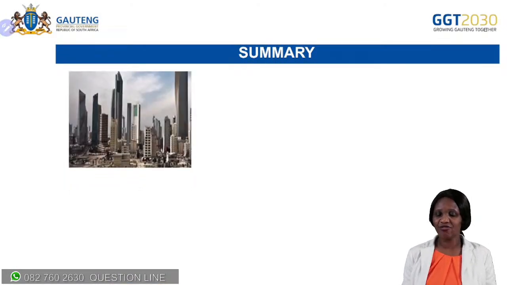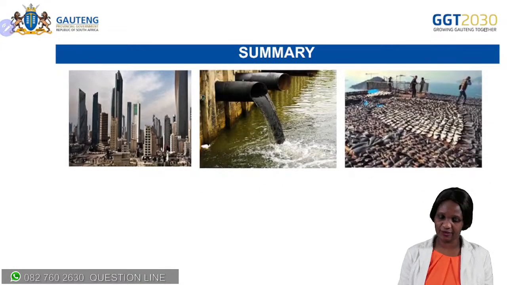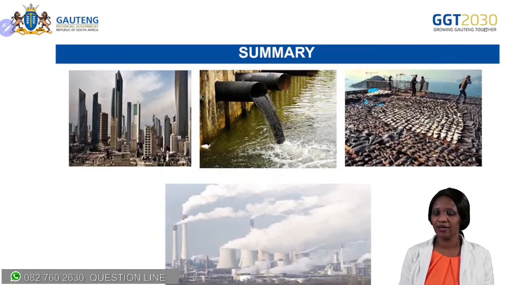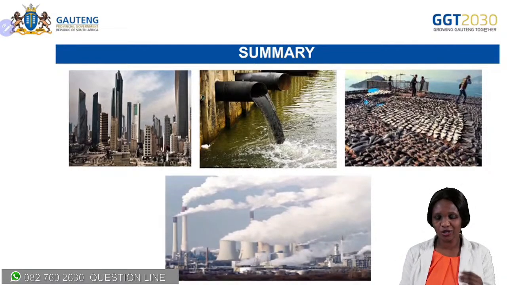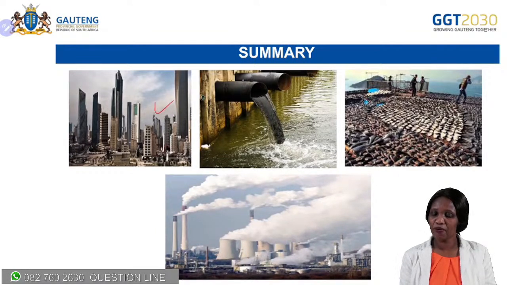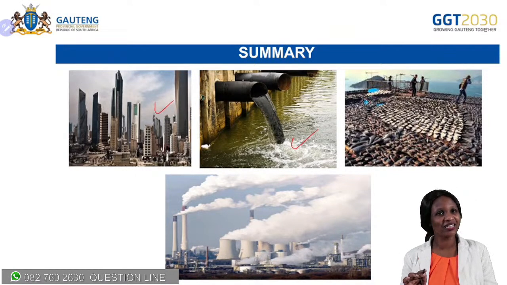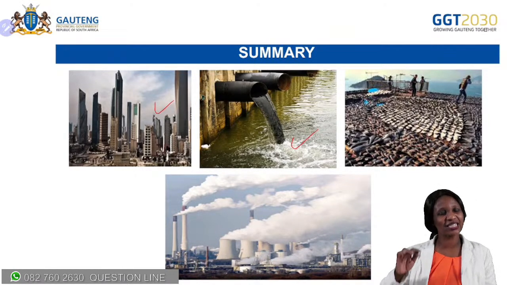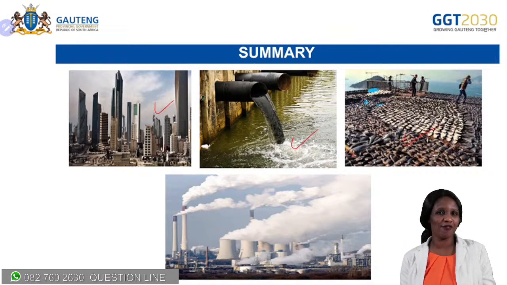Okay. And then on the other hand, we've got the cities. People are destroying the land. They are destroying the forest so that they build cities, and people are dumping chemical waste in rivers. Okay. And then it kills animals. It brings an imbalance in ecosystem. And some are overfishing.